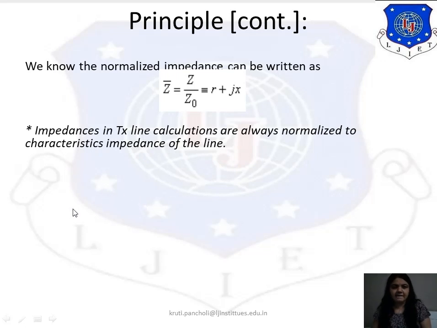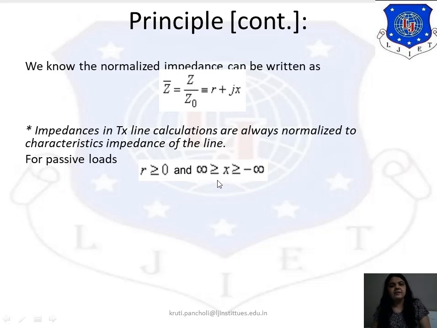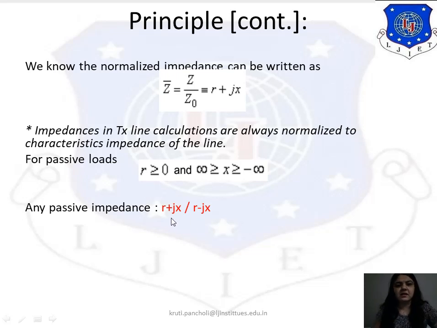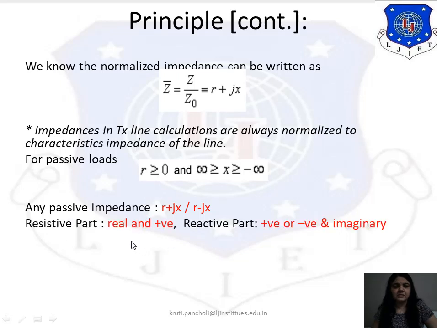Next, for a passive load, the R value is greater than or equal to 0, and the X value ranges from minus infinity to infinity. Any passive impedance is equal to R plus jX or R minus jX.